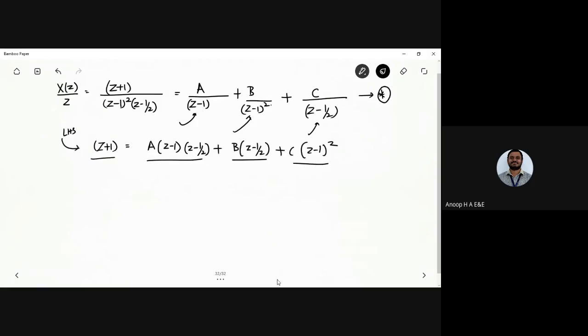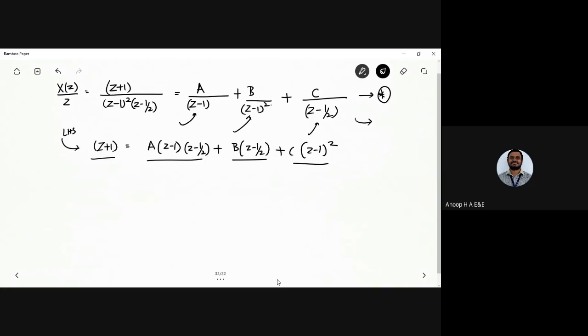This is A, this is B, and this is C here, and this one is the LHS. I'll represent this equation by a star mark. I multiplied with Z minus 1 the whole squared into Z minus 1 by 2, taking the LCM.